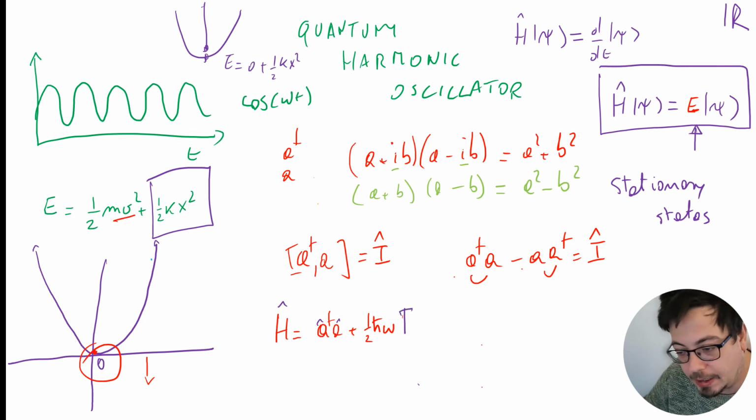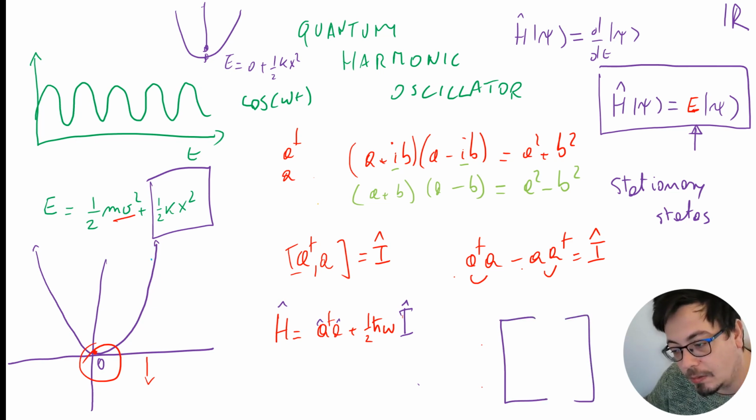Ideally there should be an identity written here, but for ease of writing, when there is a number, we are thinking about a number times an operator that is an identity. An identity is just a matrix that is 1 on the diagonal in all dimensions and 0 everywhere else.